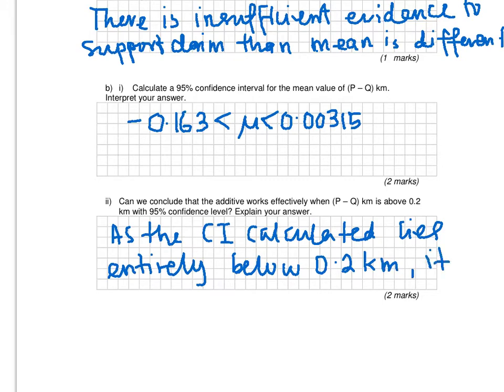It cannot be included. Take note here, it will only be concluded in such a way if the confidence interval lies entirely above 0.2 kilometer, as with the claim.